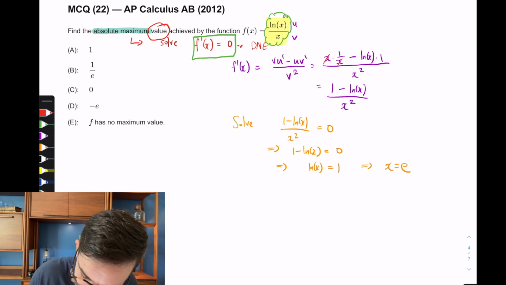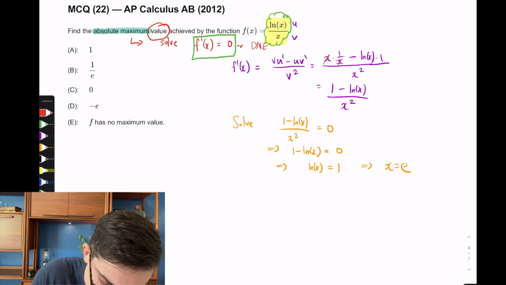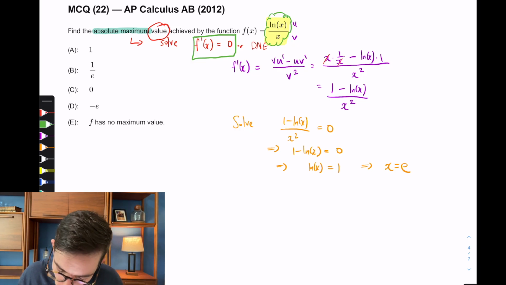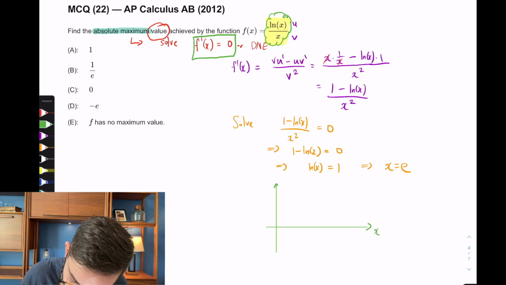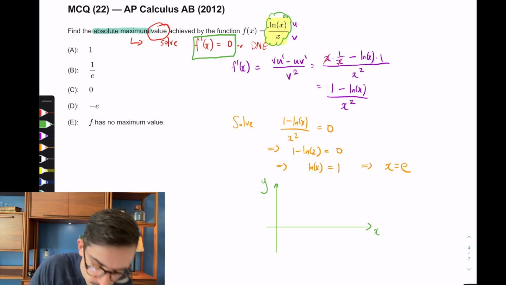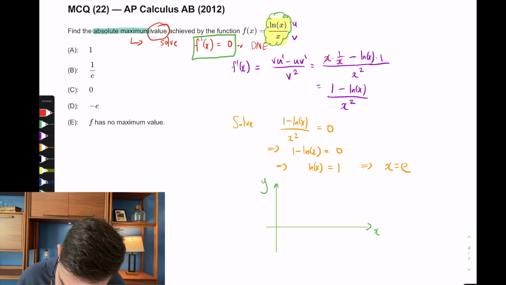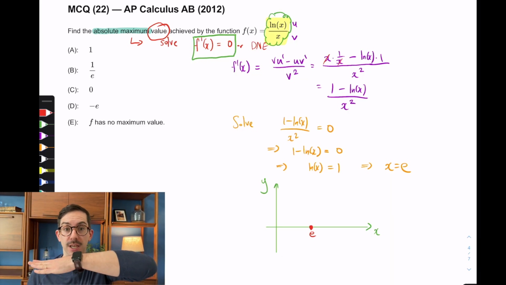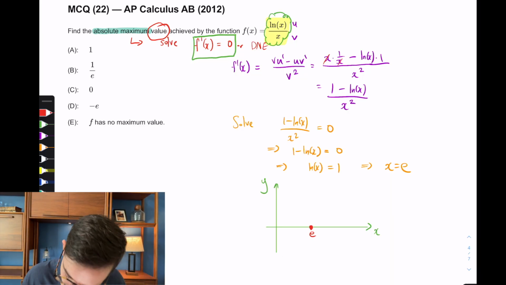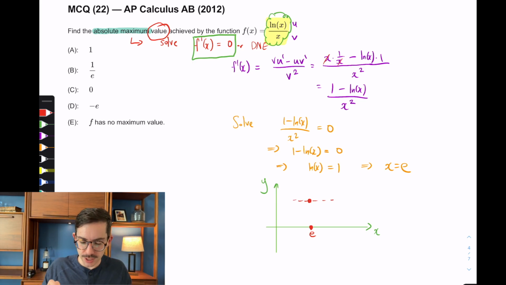So if we really want to chase this down and understand that our answer is fully correct, we should draw a little graph of the function and make sure that we're happy with what we see. So we know that at x equals e, there's supposed to be a horizontal tangent line. That's where f prime was 0. So I don't know where that point is, but let's just put it there, say. And I know that I have my horizontal tangent line.